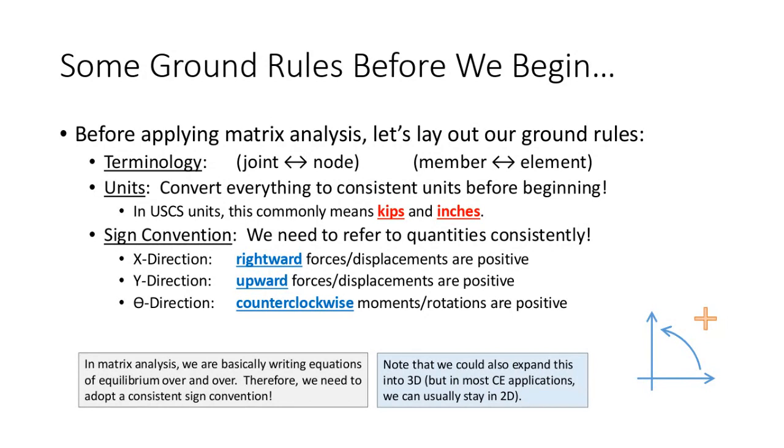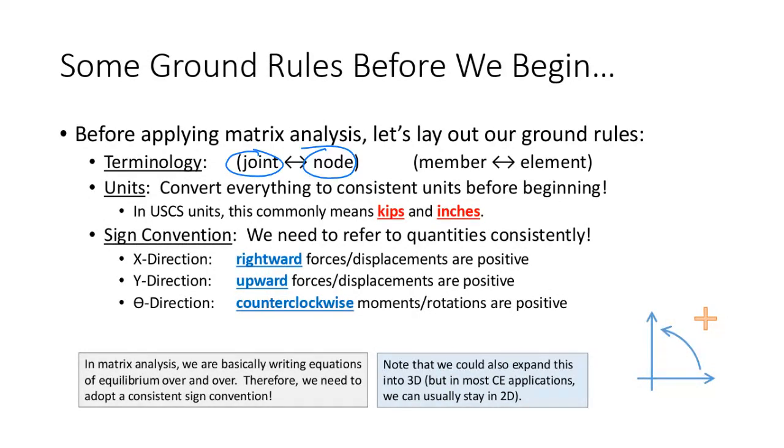So first off, I want to talk a little bit about terminology. I'm going to use some terms interchangeably, and anybody who starts to delve into the world of matrix analysis and finite elements will do this. So if you see me use the term joint and node, they mean the same thing. All I'm talking about is just where two members intersect, or the ends of members.